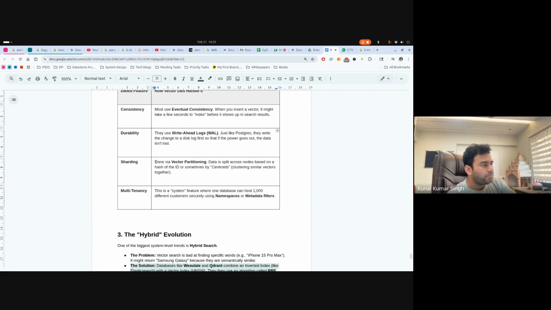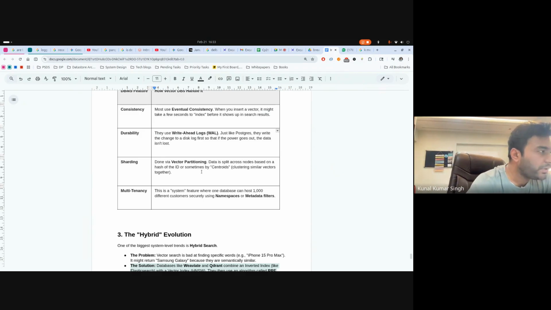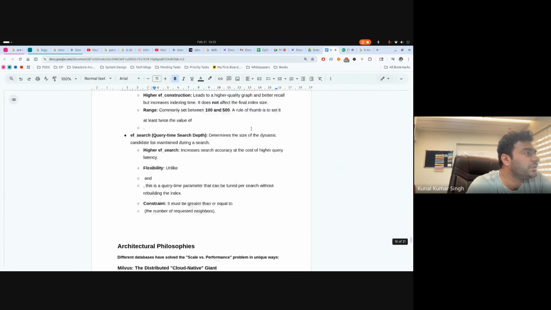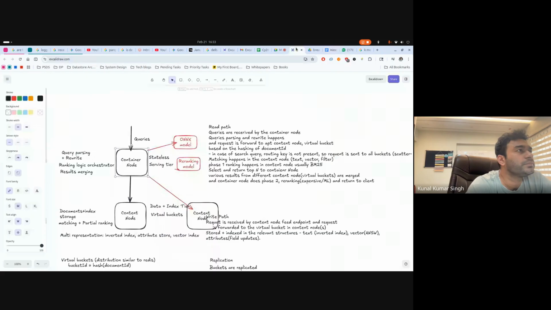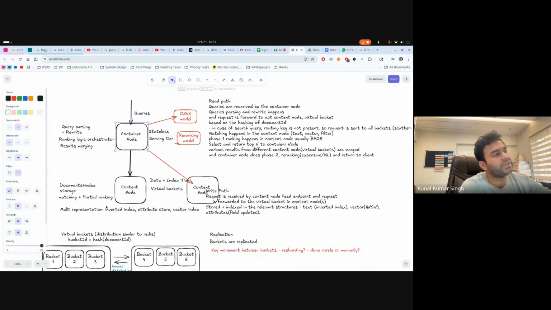Sharding typically, different databases will use different kinds of ways to do the sharding. So in Vespa there is a bucketization which it uses. There is a concept of virtual buckets like Redis or Cassandra has, right?